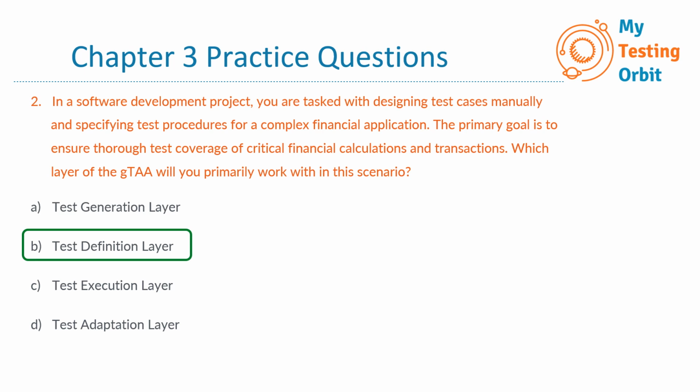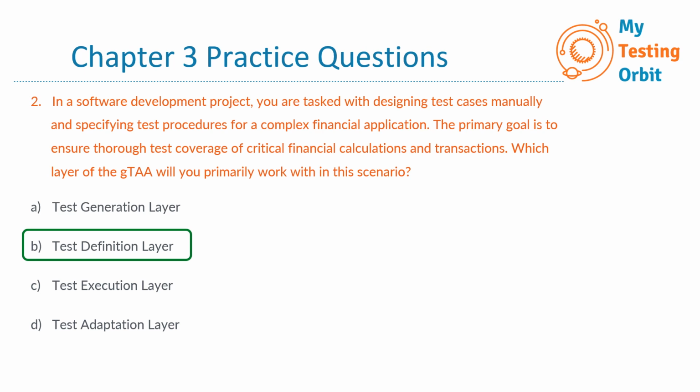Now let's see why the other options are incorrect. Option A, test generation layer, is incorrect because the test generation layer is primarily concerned with test case generation, which is not the primary goal in this scenario. Option C, test execution layer.